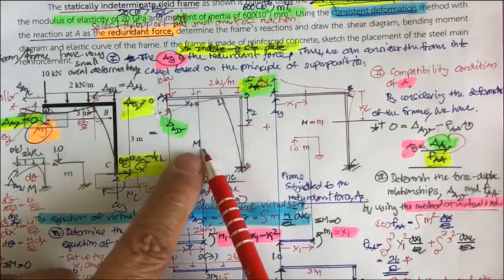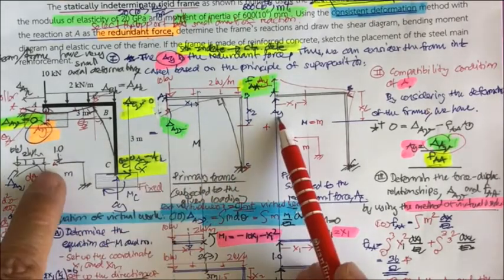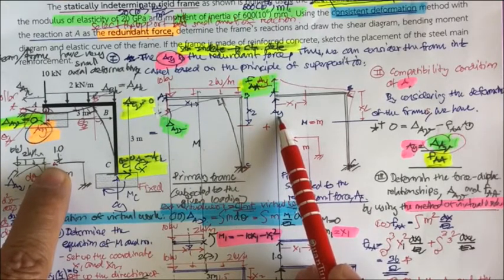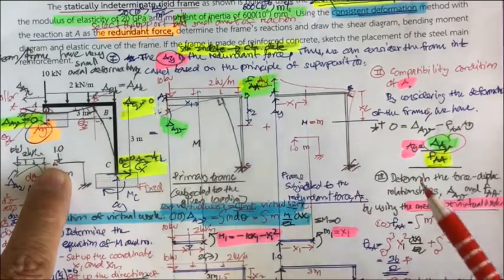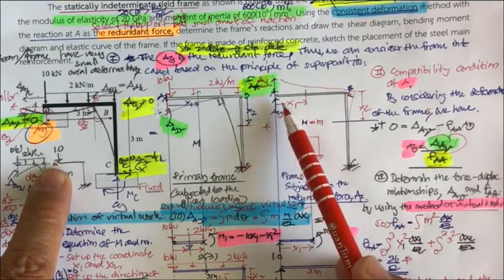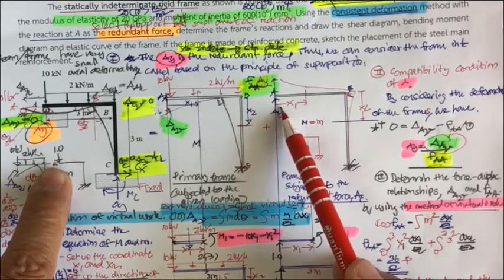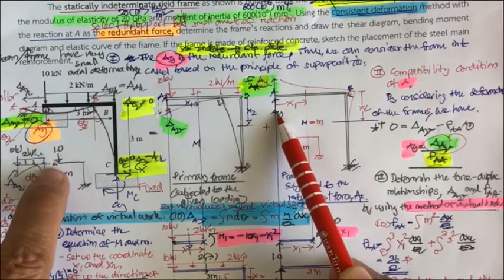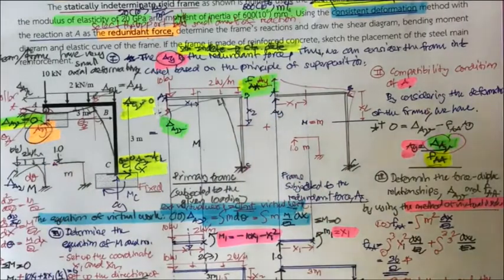For the capital M, you go here. And for the small m, you may use this one in the opposite direction of this. Keep in mind that the deflection delta sub AV that you get will be negative, because you set this 1 unit load of A sub y opposite to this. So don't worry, just do the same.